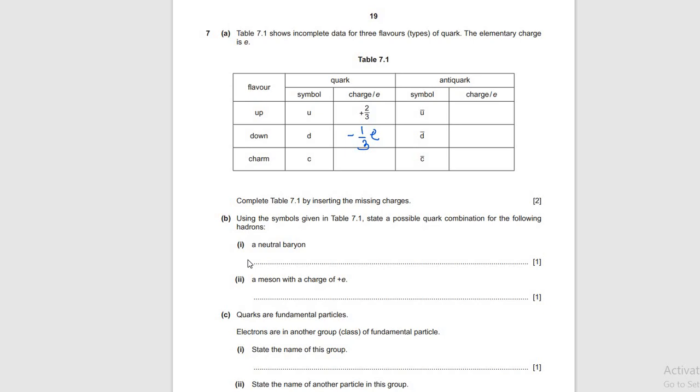Why charm? Charm will be 2/3E. Charm and up quark are the same. The right hand side will be the opposite of the one on the left hand side. Opposite as in the sign, opposite sign. This will be -2/3E. This is +1/3E. And this one is also -2/3E. That will be opposite.